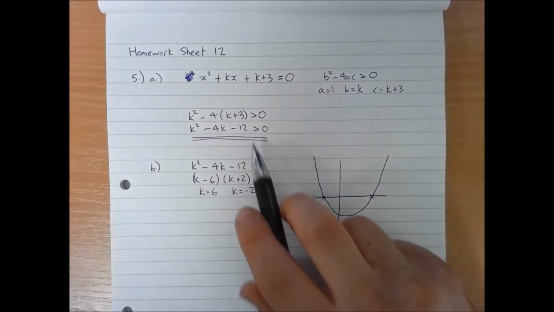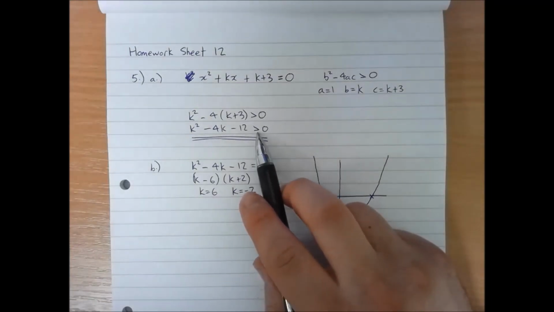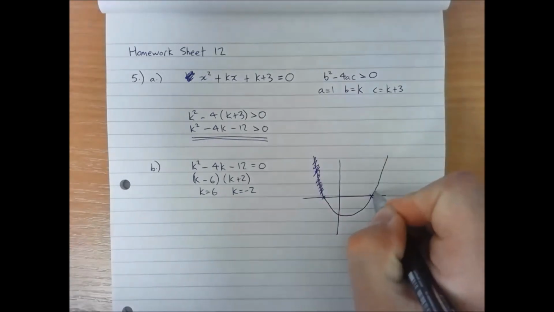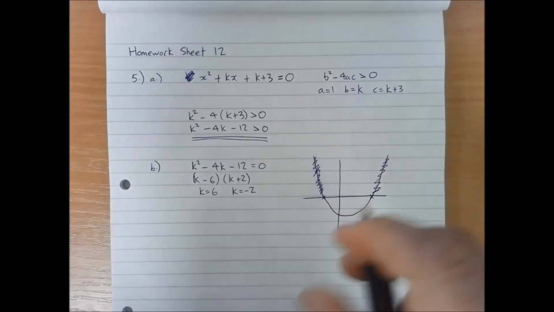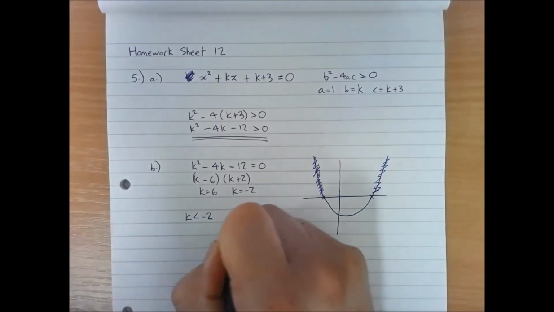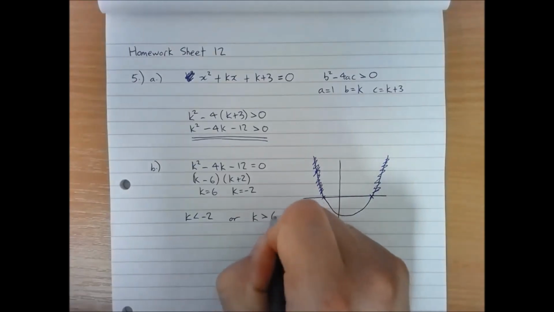We're told in part A that we care about when this quadratic is bigger than 0, so I want this region here and this region here, which are all the times when k is smaller than negative 2 or when k is bigger than positive 6.